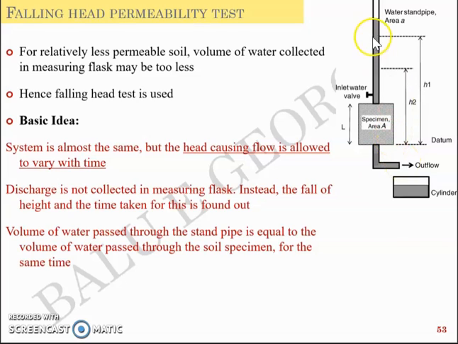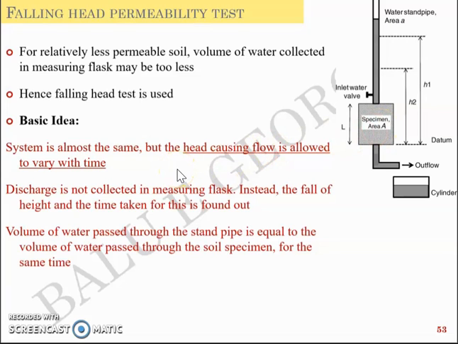Let's assume that you have a standpipe of cross-sectional area small letter a, and you have the specimen sample whose cross-sectional area is capital A. L is the length of flow through the specimen. So when the head causing flow falls from H1 to H2, the volume of water in this zone will be passed through the specimen sample. This is the basic idea.